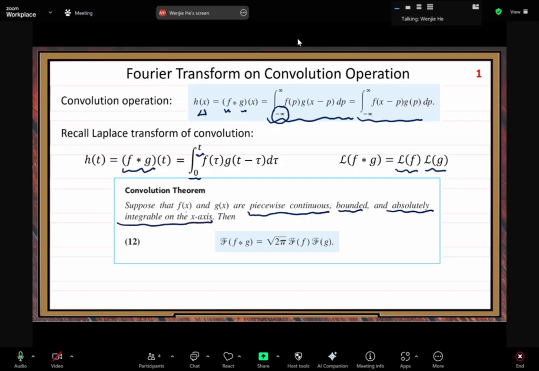All these conditions listed here just make sure the Fourier transform is well defined.